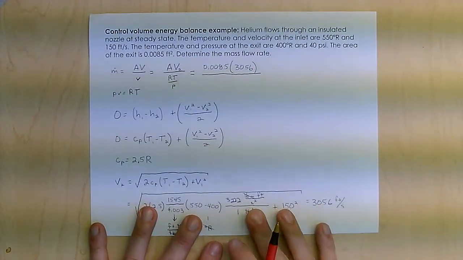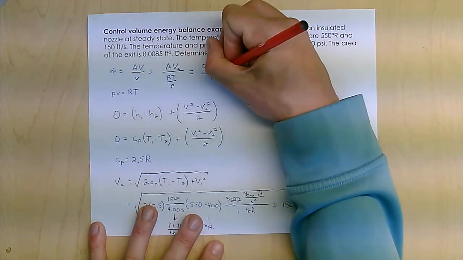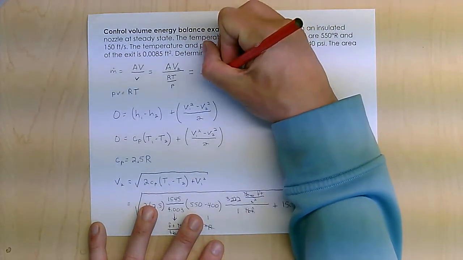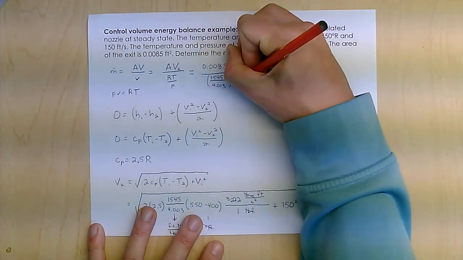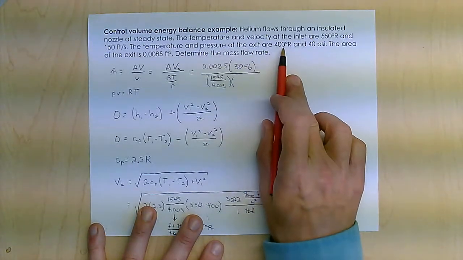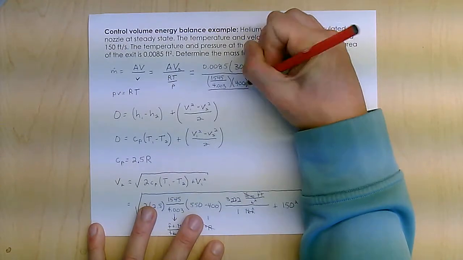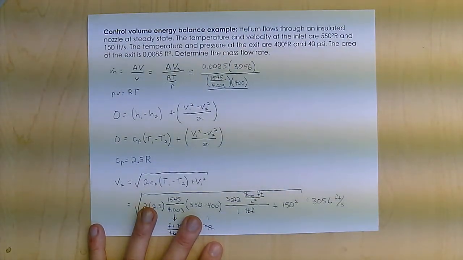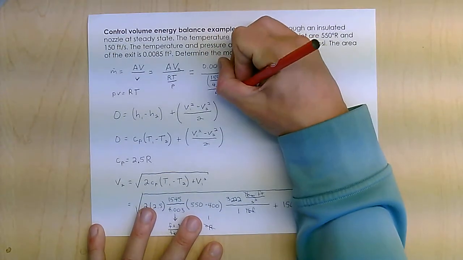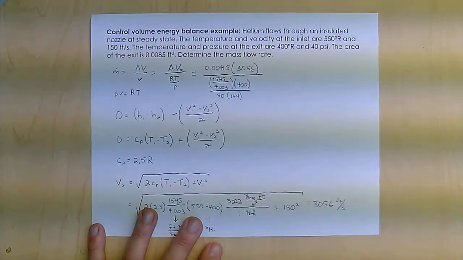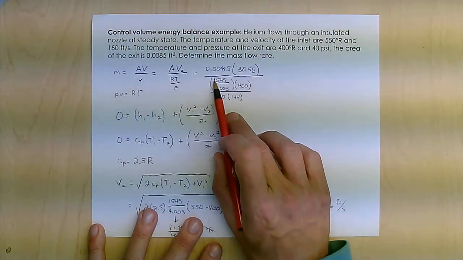R on this is, again, 1545 divided by 4.003, times the temperature, which is the temperature at the exit, 400, divided by the pressure, which is 40 psi, which I need to multiply by 144 to get pounds per square foot, in line with the foot-pounds up here.